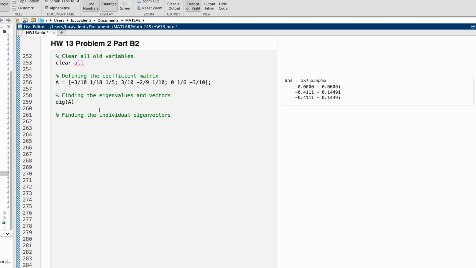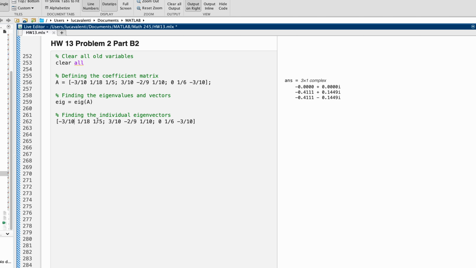So I'm going to say that this is the eigenvalue, and I'm going to save it into this because this is a vector, it's a 3×1 vector. And so finding the individual eigenvectors, I'm going to take this matrix A and I'm just going to rewrite it like this.